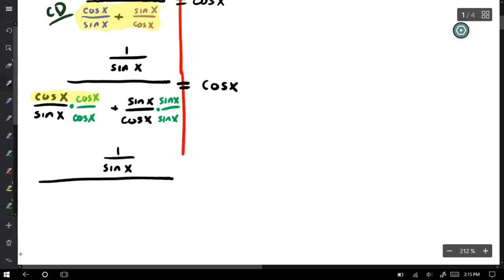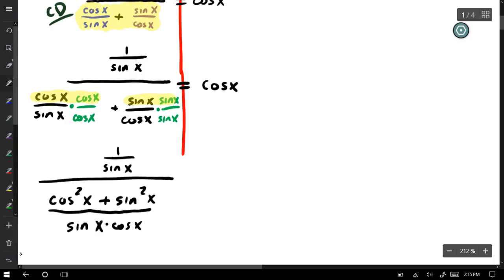Cosine times cosine is cosine squared of x. Sine times sine, so plus sine squared of x. And we created a common denominator so I can write it as one fraction now: sine of x times cosine of x. Still haven't touched the right-hand side of cosine of x.